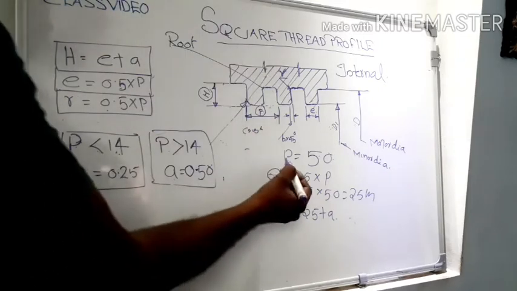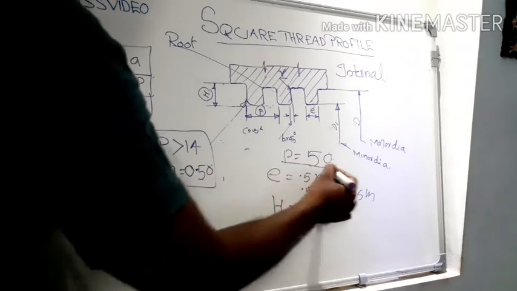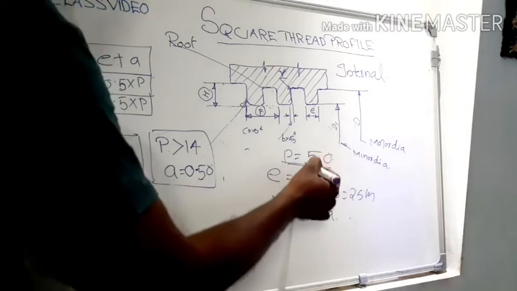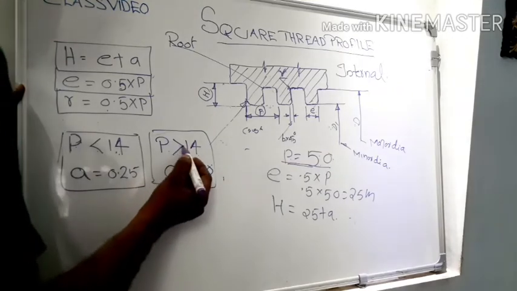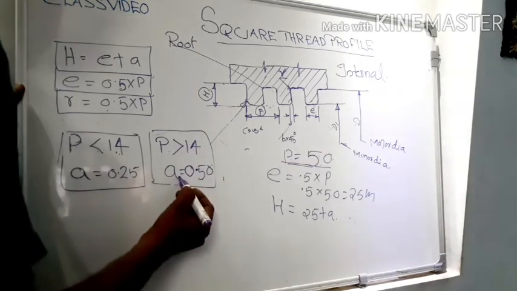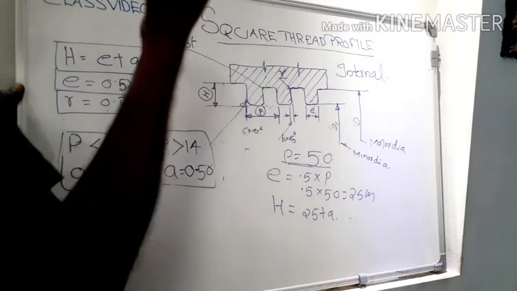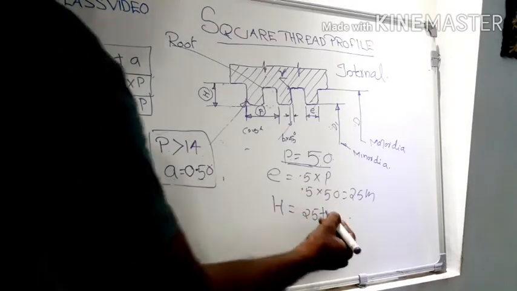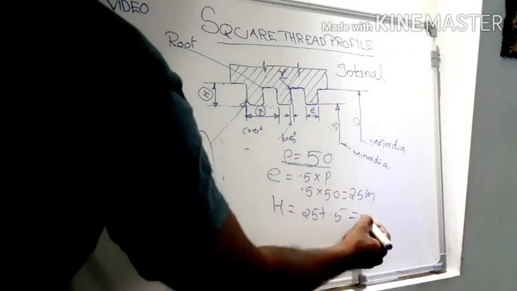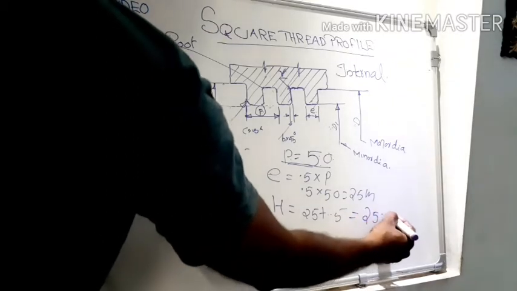So we have to select the second option. In our case P is 50, so P is greater than 14, then A is 0.5 millimeter. So we can replace A with this value, 0.5. So H is 25.5 millimeter.